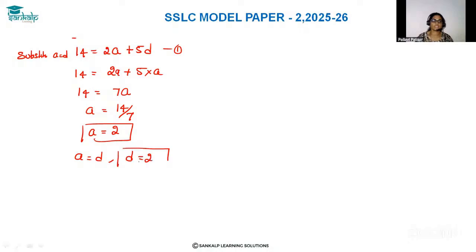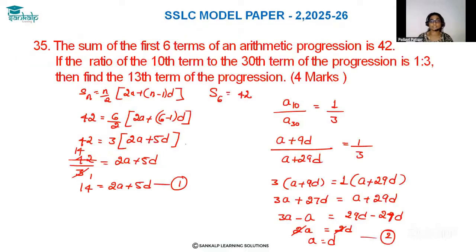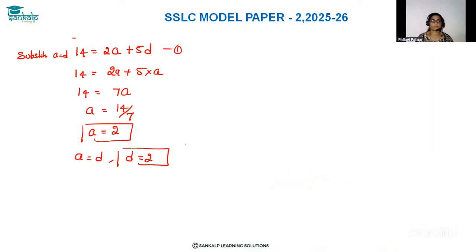Now calculate the 13th term. It says find the 13th term of the progression. We calculate using the nth term formula: an is equal to a plus (n minus 1) into d.